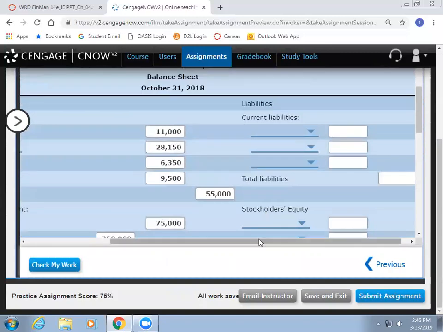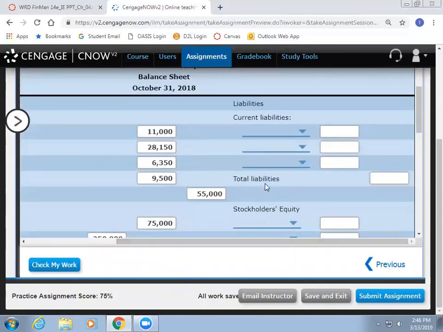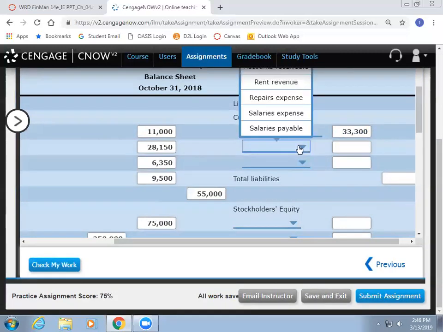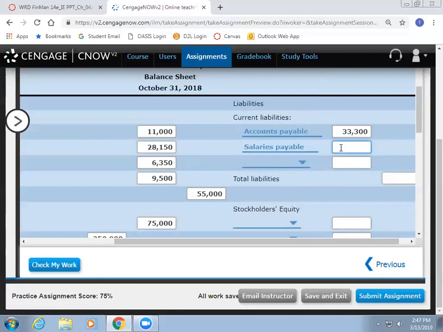Okay. On the right-hand side of that balance sheet, we're going to do liabilities and equity. Current liabilities, we have accounts payable. Accounts payable is 33,300. We have salaries payable of 3,300, so just 3,300.